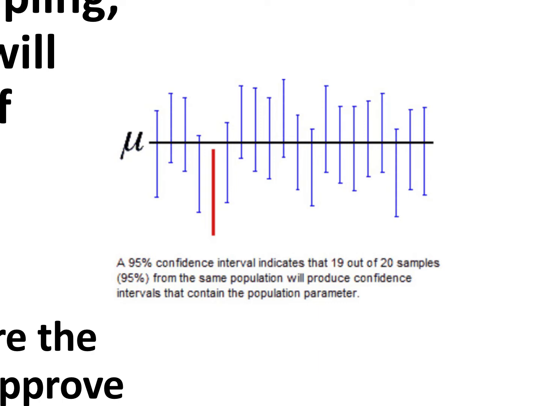A 95% confidence interval would mean if we had 20 samples, 19 of them actually included the true proportion or true mean, and one of them missed the mark. This red one here didn't quite get to that line. So 5%, which would be 1 out of 20, didn't actually capture the true proportion. Most of the time we don't know whether it's that our sample is that one or not.